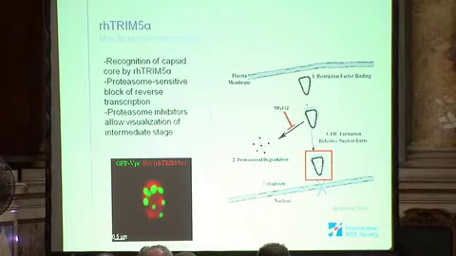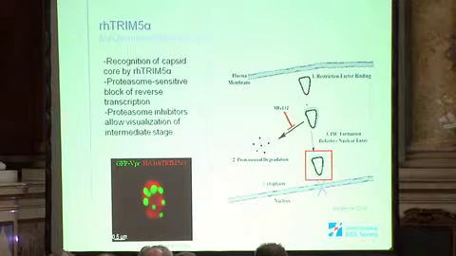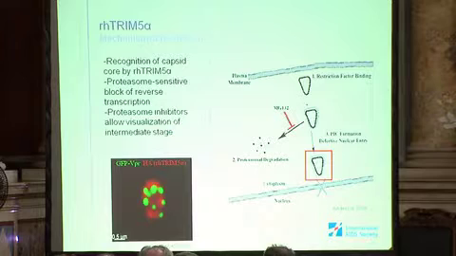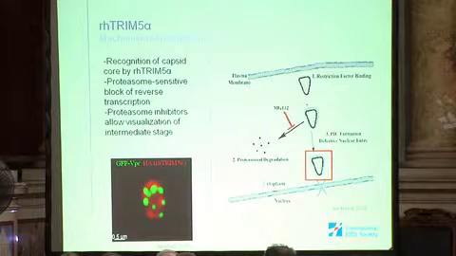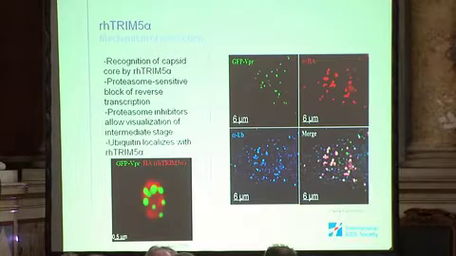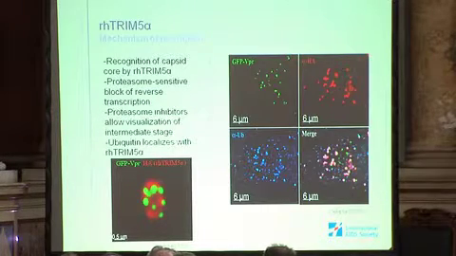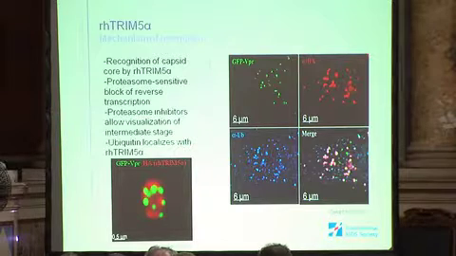Our lab has previously been able to visualize this intermediate stage of restriction. In this figure here, you will see the virus, which is labeled with GFP-VPR, appears to be sequestered inside of a TRIM5 alpha cytoplasmic body, and this is in the presence of proteasome inhibition. Furthermore, TRIM5 alpha cytoplasmic bodies have been shown to contain ubiquitin.